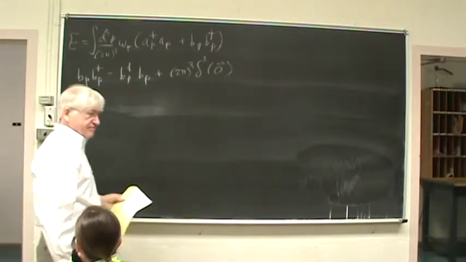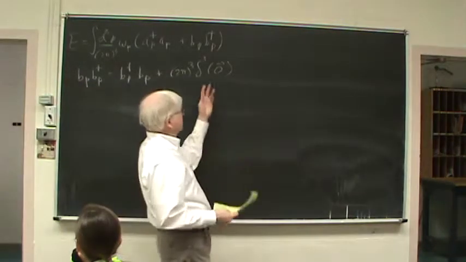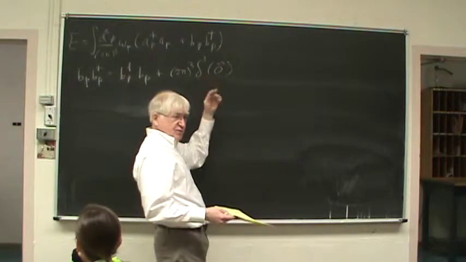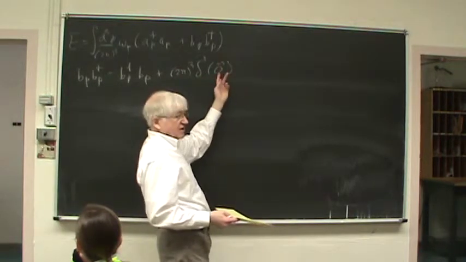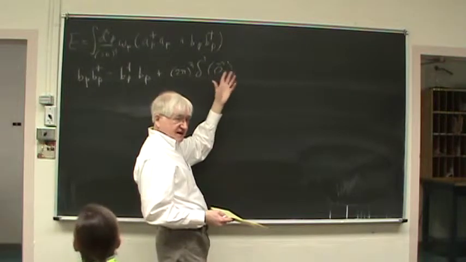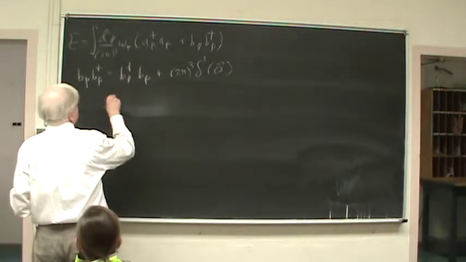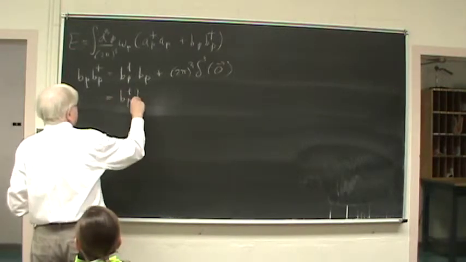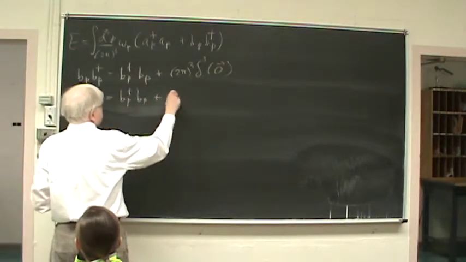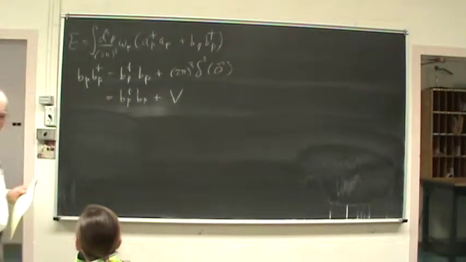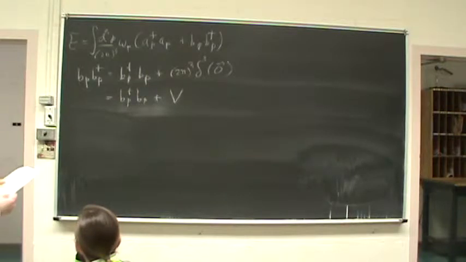And of course, Dirac lets us write a delta function as an integral over all space of 1 over (2 pi)^3 phase factor. But when the argument is 0, the phase factor is 1. And so this is actually bp dagger bp plus the volume of the universe, which is a big number.